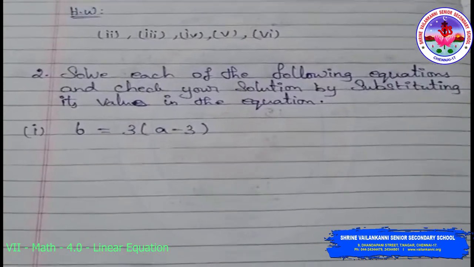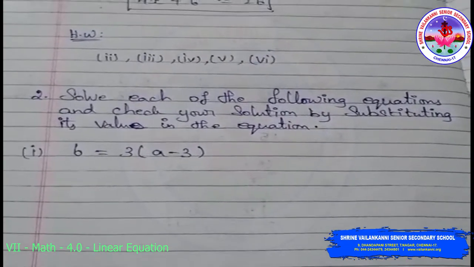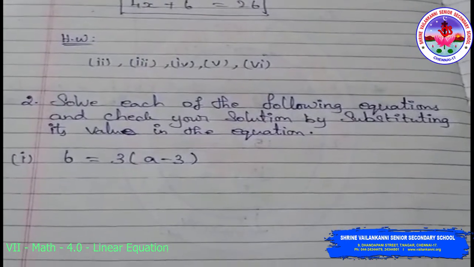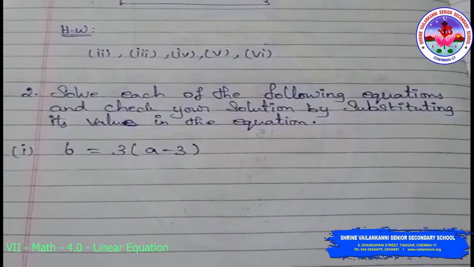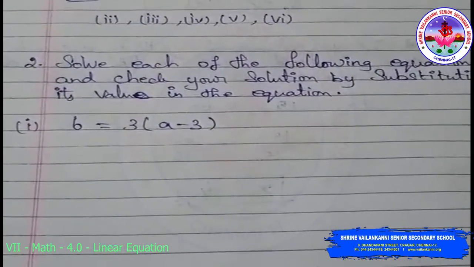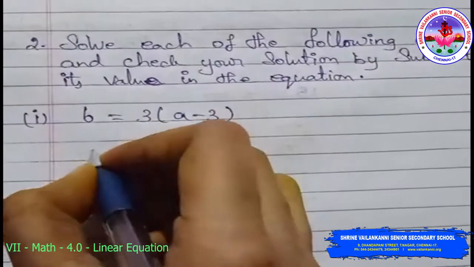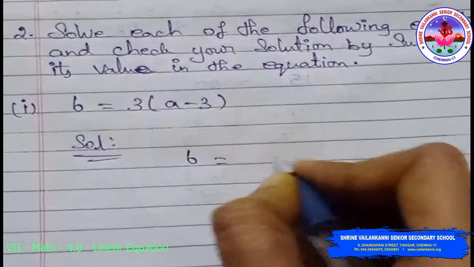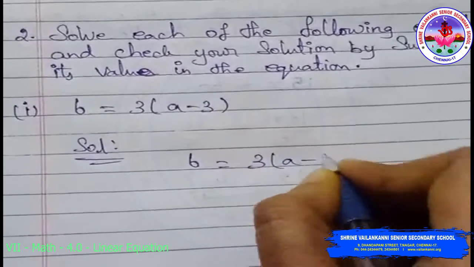Second question, solve each of the following equations and check your solution by substituting its value in the equation. The question is 6 is equal to 3 into a minus 3. Solution. Write down the question. 6 is equal to 3 into a minus 3.